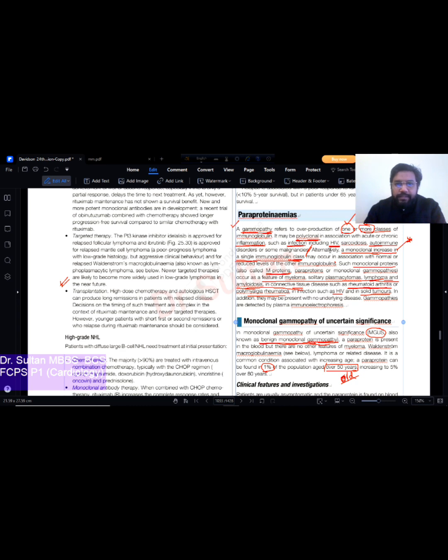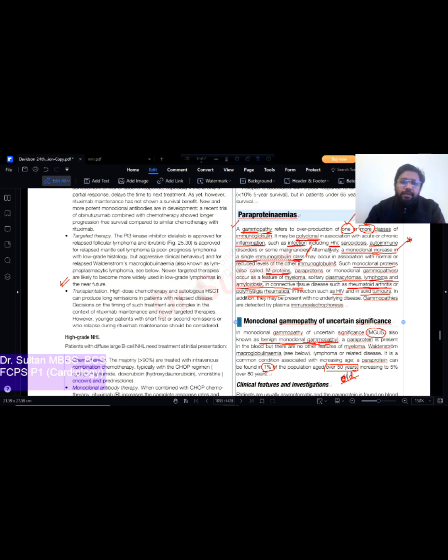So in clinical practice, we have to diagnose the case of multiple myeloma, and also I have to differentiate it from the similar diseases that I have mentioned.